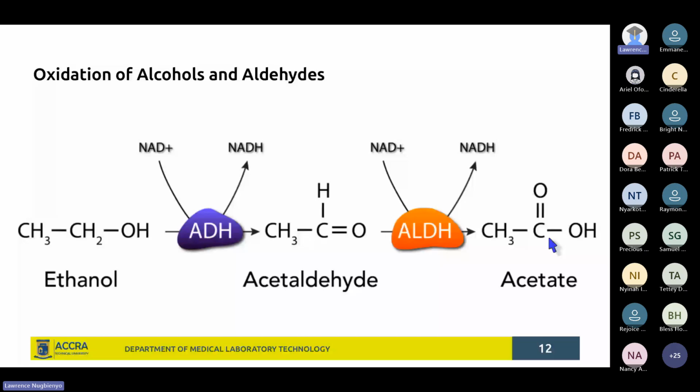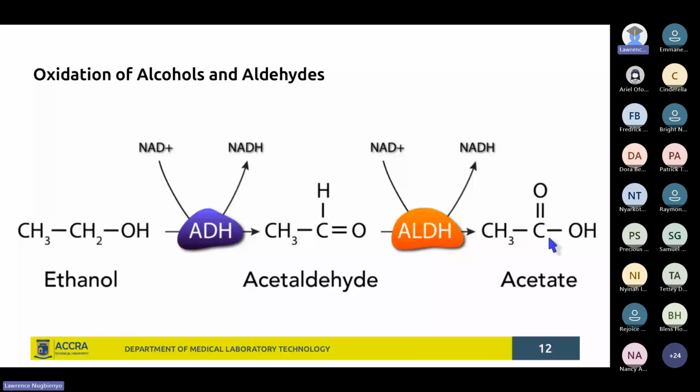And so even some of you working in clinical settings, when you are doing these diabetic tests, you also look out for ketone bodies like alpha butyric acid, beta butyric acid, acetone, or acetoacetate. These are the ketone bodies that will be formed from excessive acetyl-CoA, which will be produced in the body.